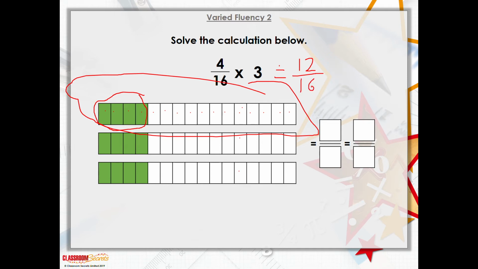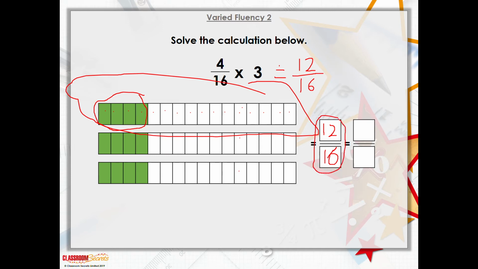So that's actually 12/16. Now again, I want to simplify my fraction. I'm looking for the highest number that I can use, that when I use that, it divides those two numbers into a whole number. So my 12 and my 16.